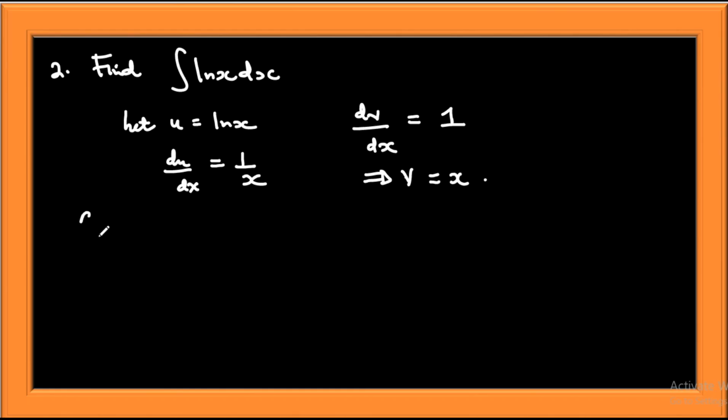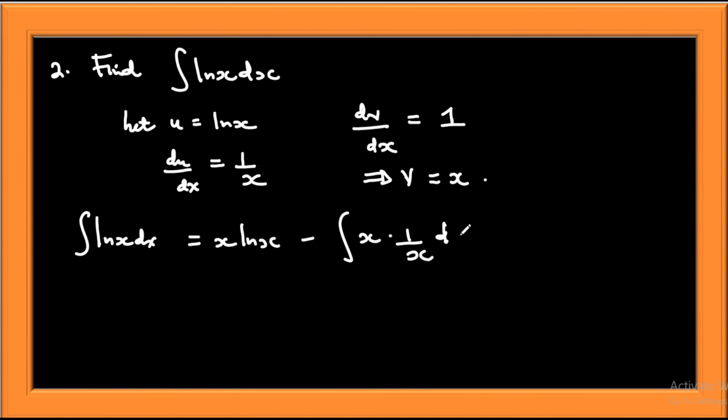And therefore, our integral of ln x with respect to x is equal to uv. We're using the formula. Our u is ln x. v has just become x, minus the integral of v, which is x, and then the du/dx, we got 1 over x, with respect to x.